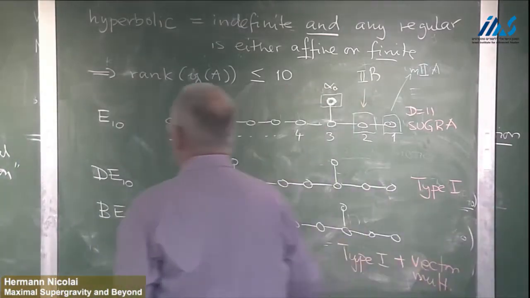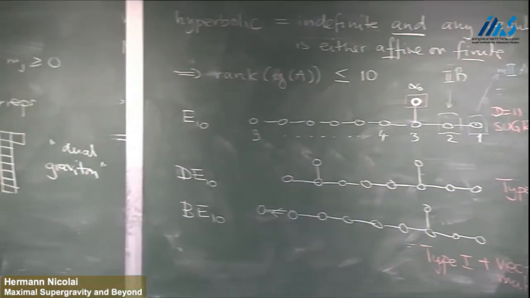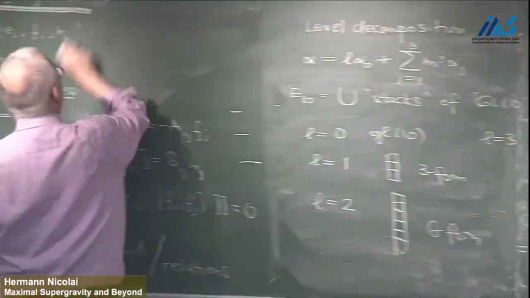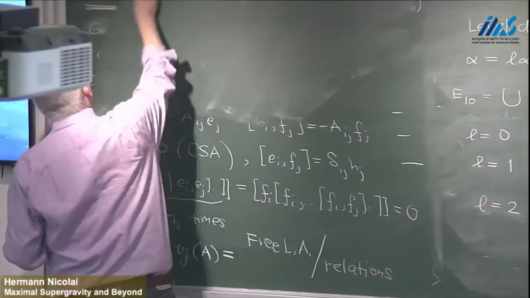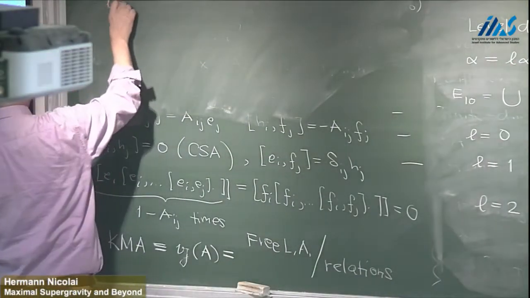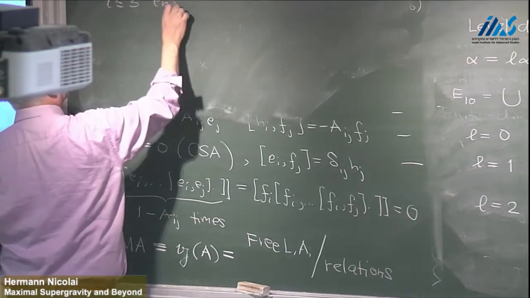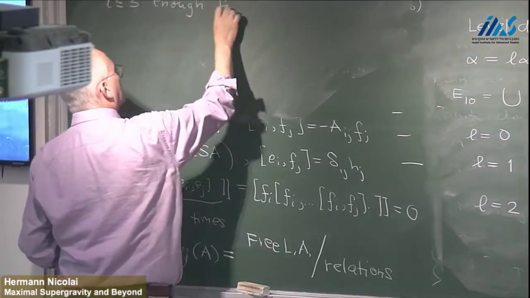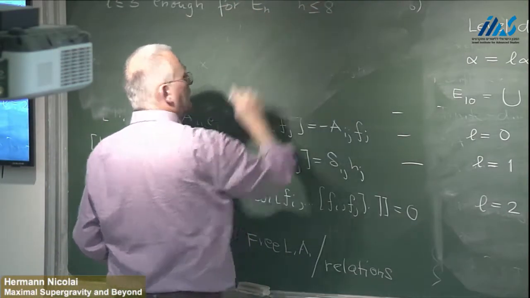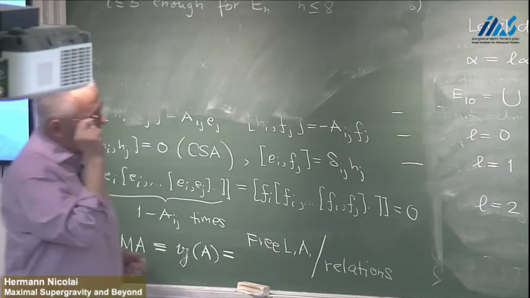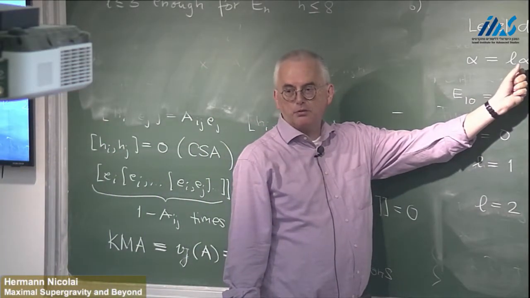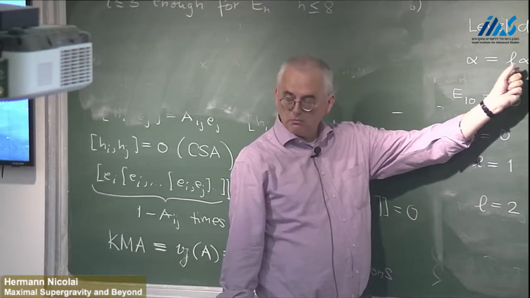Now, this decomposition, let me see what happens. L less than 3 is enough for En, n less than or equal to 8, because we know that the highest number of times this exceptional root can appear in the decomposition of any root is 3.